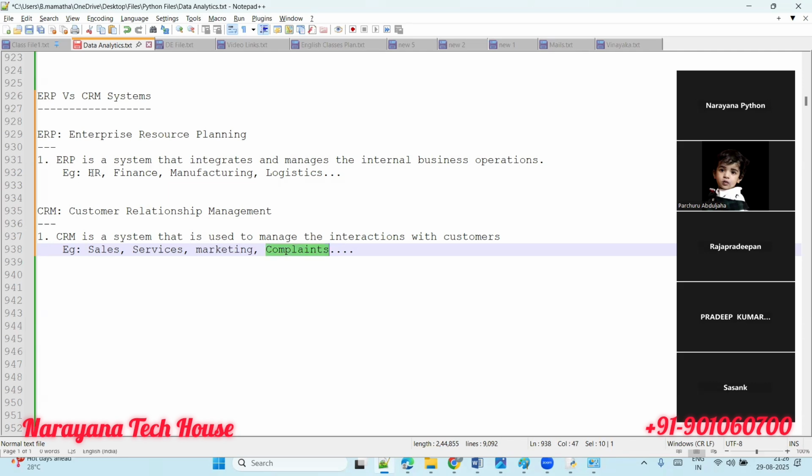But HR is part of inside the company: HR, finance, manufacturing, logistics. All this data is maintained internally, internal data, guys. We can also take stock levels, meaning how many products are there and how many are required now, like inventory levels.